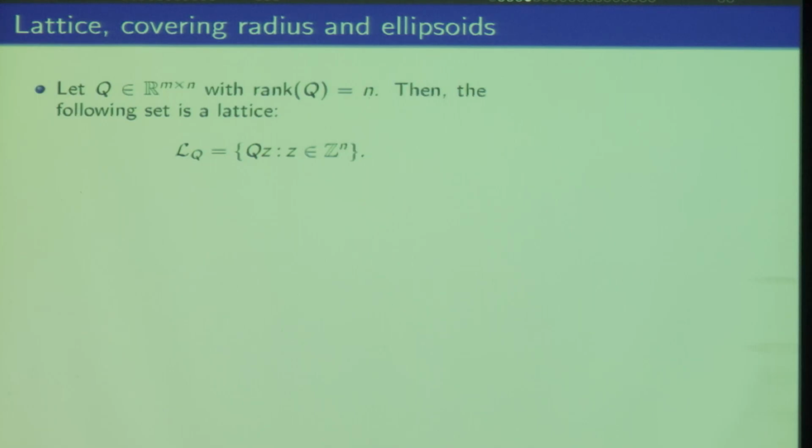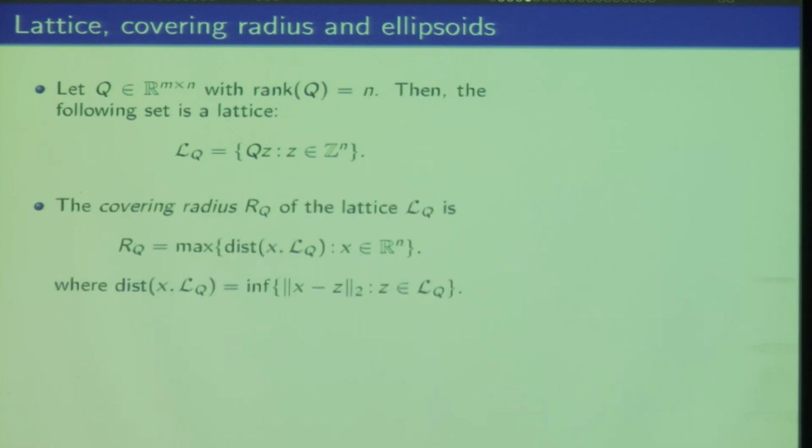Some more preliminary notation and definitions. This is the set which is called the lattice. If you have a Q matrix which is full rank, then you look at Q times z vectors, where z's are integers. So that defines a lattice. And for a lattice, you can talk about the so-called covering radius.